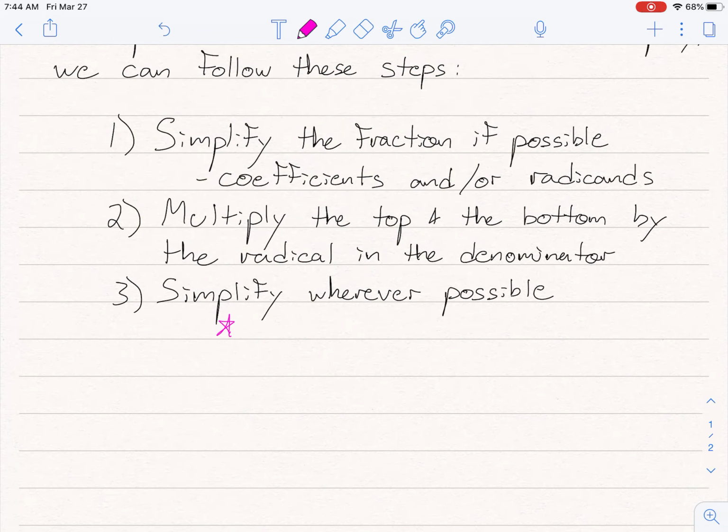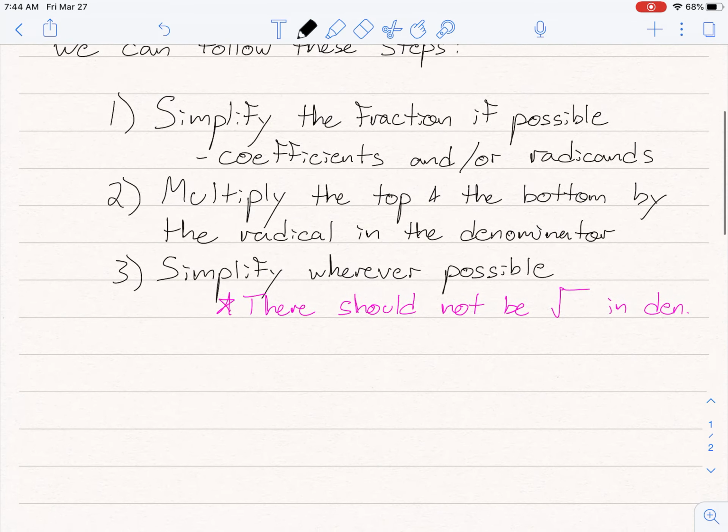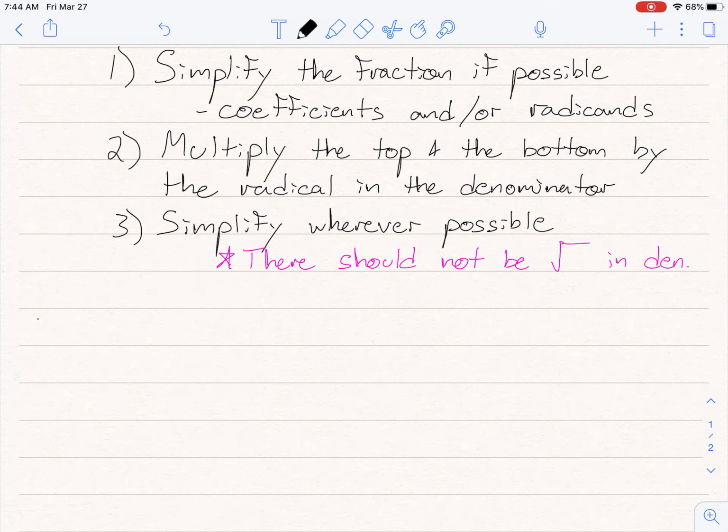The overall goal there: there should not be radicals in the denominator. I'll just abbreviate that DEN. So there shouldn't ever be a radical in your denominator if you have simplified an expression correctly. So let's look at a few examples here.